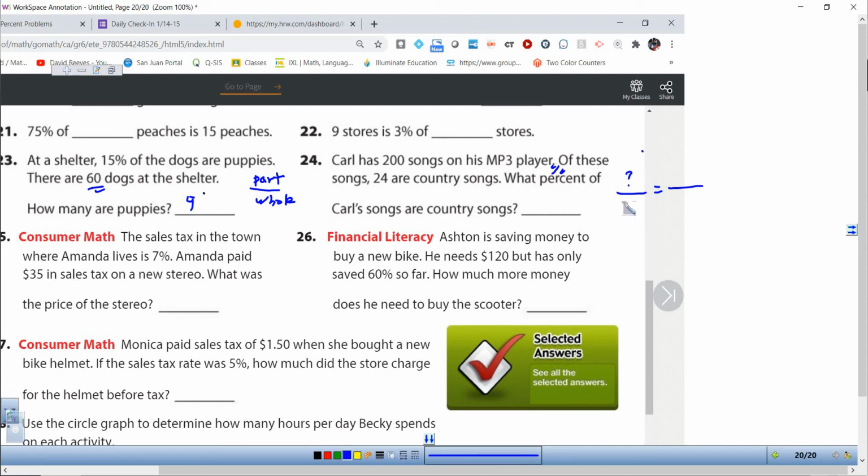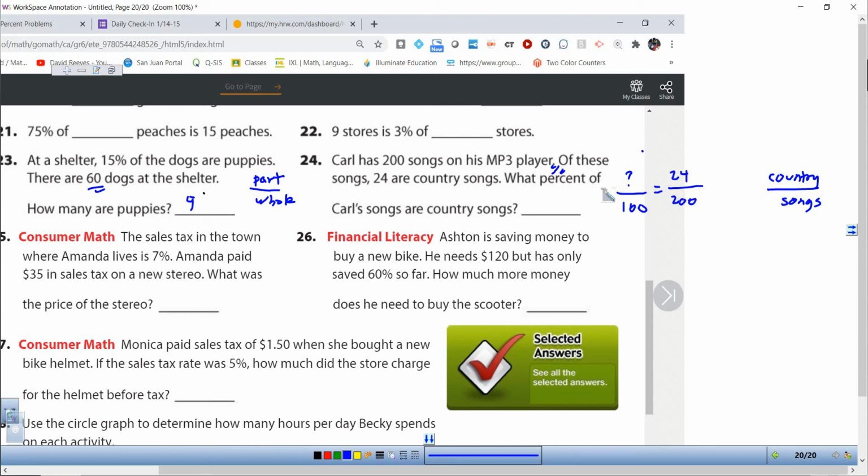Percent is always over 100, right? He has 200 songs, 24 are country. So again, country is the part, songs is the whole, right? 200 songs is his total. He has 24 that are country.